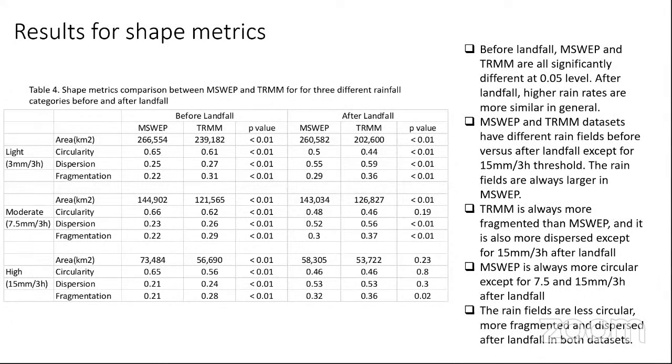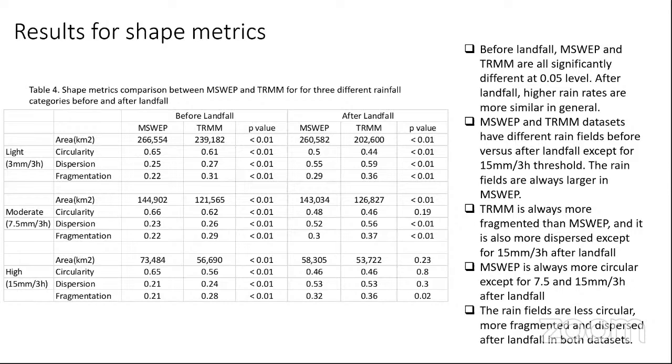The MSWEP is always more circular, except for the 7.5 and the 15 millimeters per 3 hour after landfall. The rain fields are less circular, more fragmented, and more dispersed after landfall in both datasets, which totally makes sense.